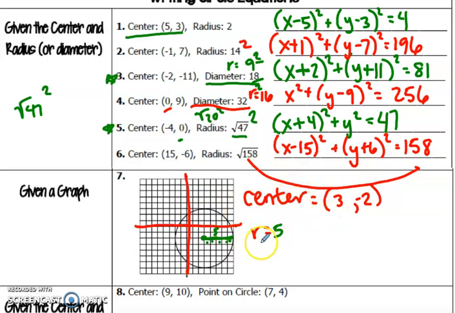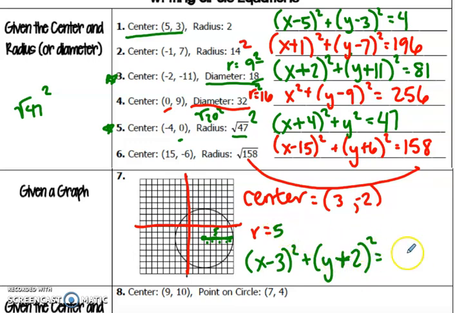So I can take my center and my radius and write the equation like I did before. I'll start off with x minus your x value squared, y minus your y value squared. Again, we can go ahead and make that a plus. Equals your r squared, so 5 squared is going to be 25.